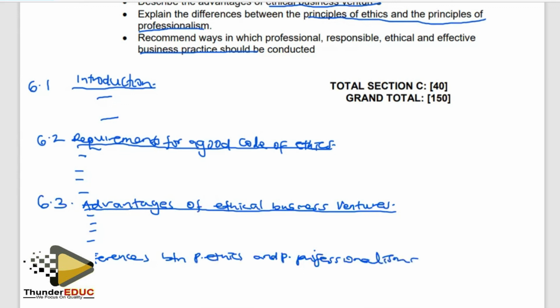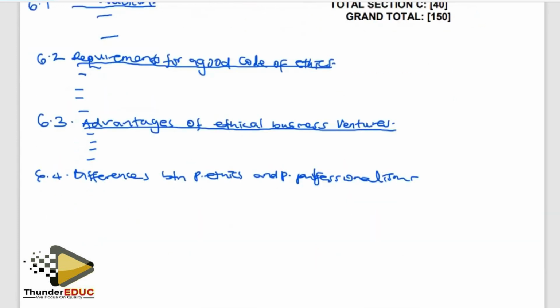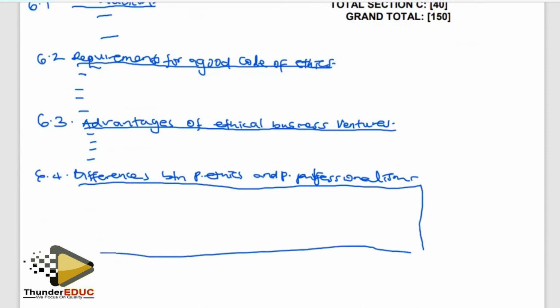So you come, it's very important for such themes of differences, you draw a table and you give us your answers in a tabular form. It is not compulsory, but very important because it makes you a very organized candidate, very organized learner.